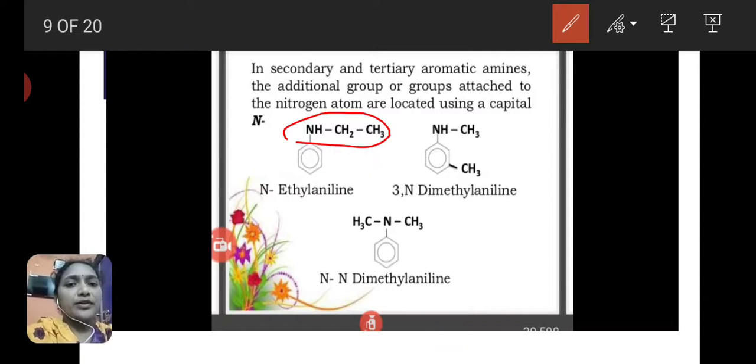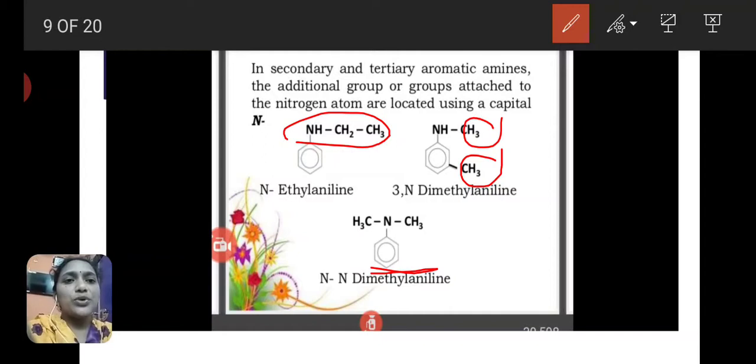Here nitrogen has one methyl group and the third carbon has one methyl group, so it is called 3,N-dimethyl aniline. Next, this one is an example for a tertiary amine.